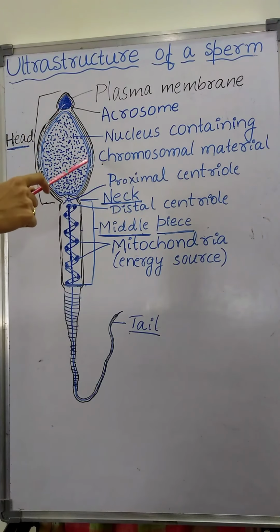These granules contain hydrolytic enzymes like hyaluronidase, neuraminidase, and acrosin.